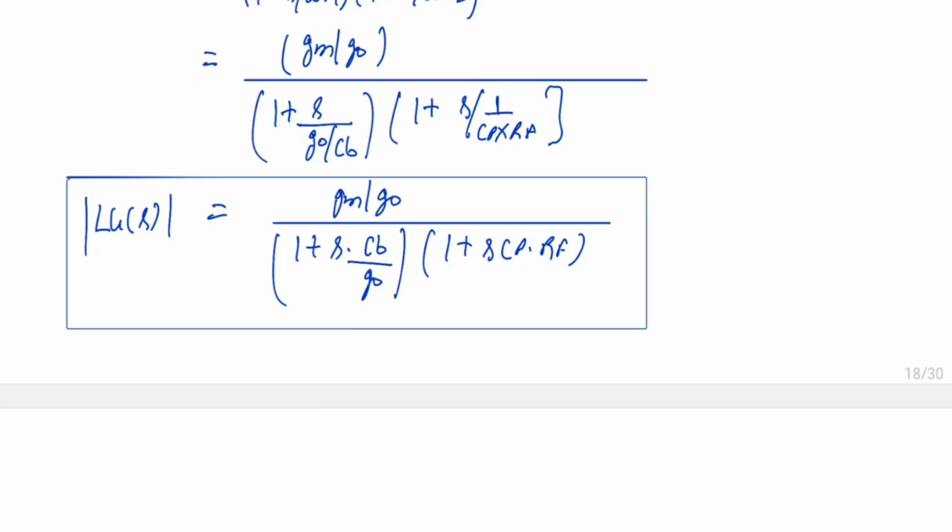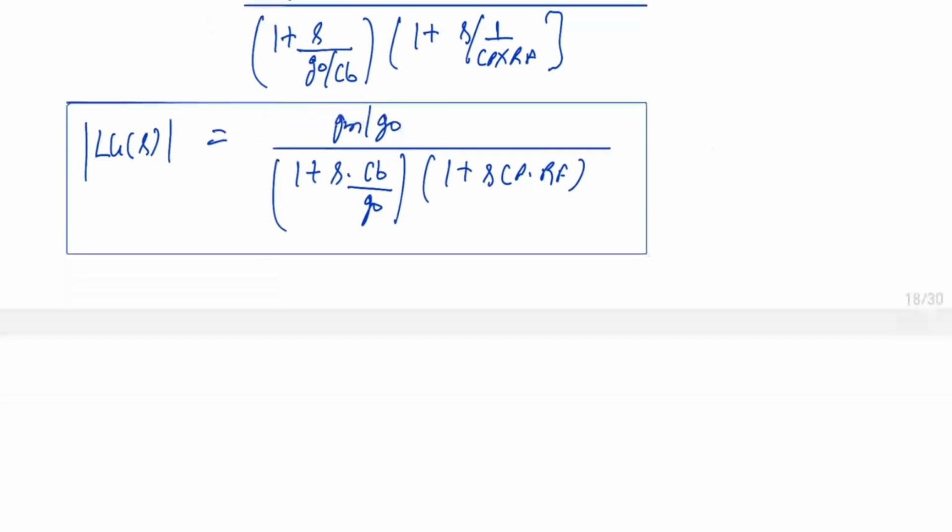So this is how we can calculate, and after approximation we got this expression. If you want to recall, we got this expression under some condition. What will be the final condition? We had taken one condition that CB is greater than CP and RF is less than R naught. You can tweak both conditions and get a condition.